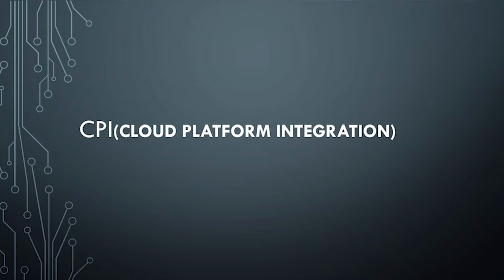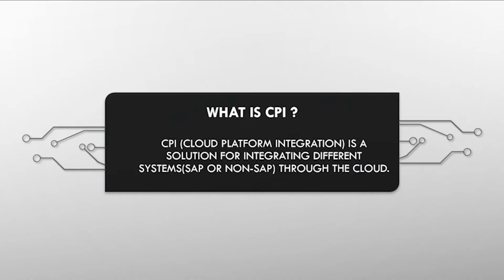First of all, you might be wondering what CPI is. If you are working in the SAP domain, or also in a non-SAP domain, then you might have observed that in any ecosystem not all systems are SAP systems, or of the same type.